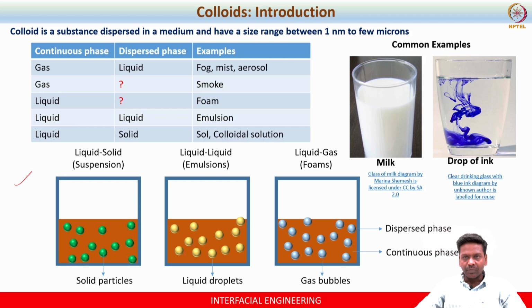Let me try to give you some overview of colloids and particles. As you know, a colloid is a substance dispersed in a medium, usually in the size range between 1 nanometer to a few microns. This is the typical definition of a colloid.